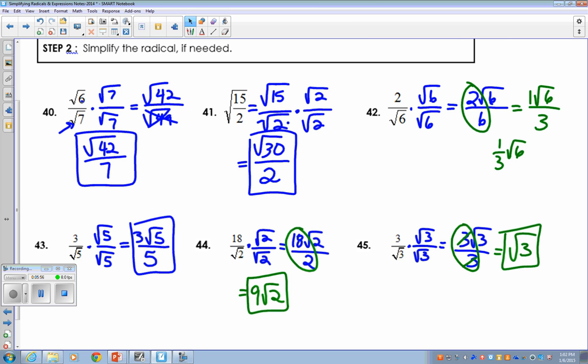Here, the 3's can be canceled out, or 3 over 3 is the same thing as 1. So hopefully you got those right.